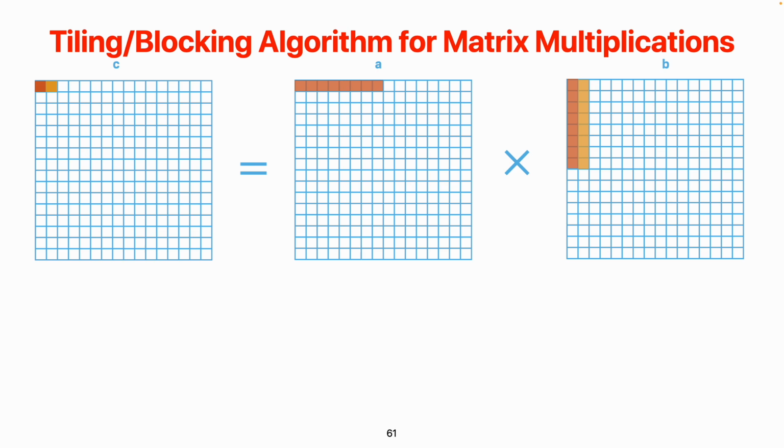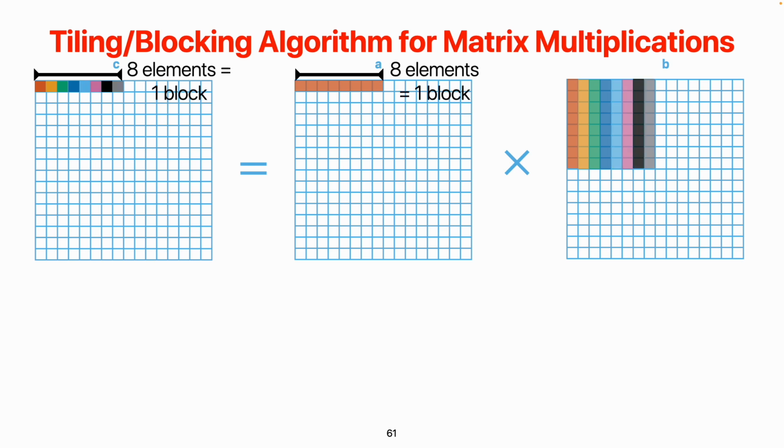So by doing matrix tiling, I can potentially keep all the blocks that I need for multiplying this whole tile with the row together to eliminate all capacity misses, right?